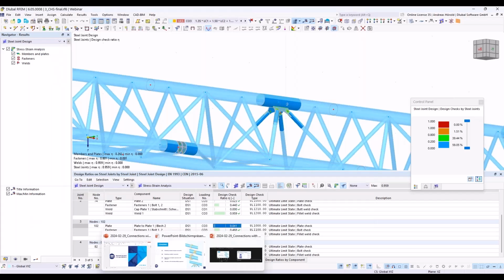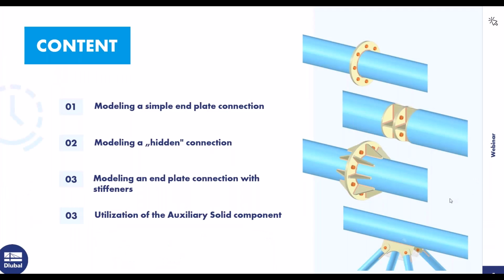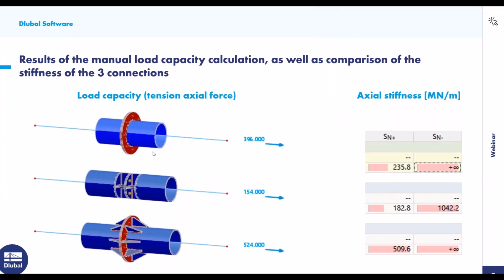I turn back to my PowerPoint slides. I compared the first 3 connections. I compared the load capacity for tension axial force. The highest maximum force is for the connection with the stiffeners, then for the connection without the stiffeners, and the weakest connection is the hidden connection.